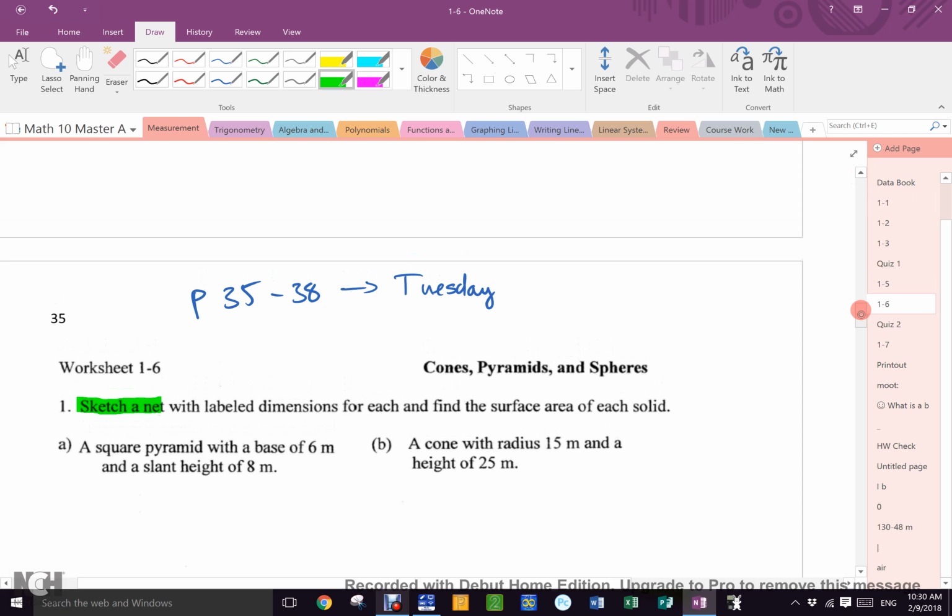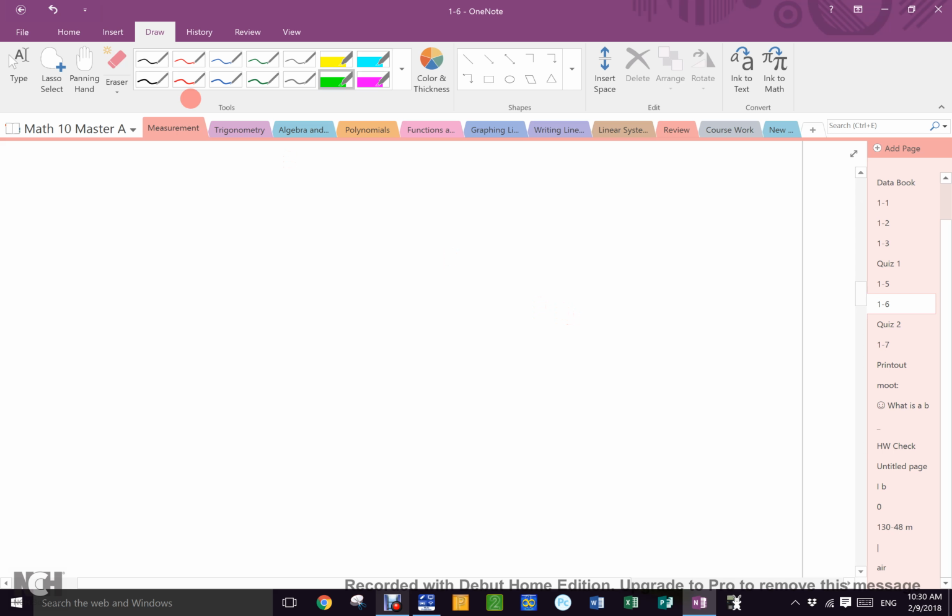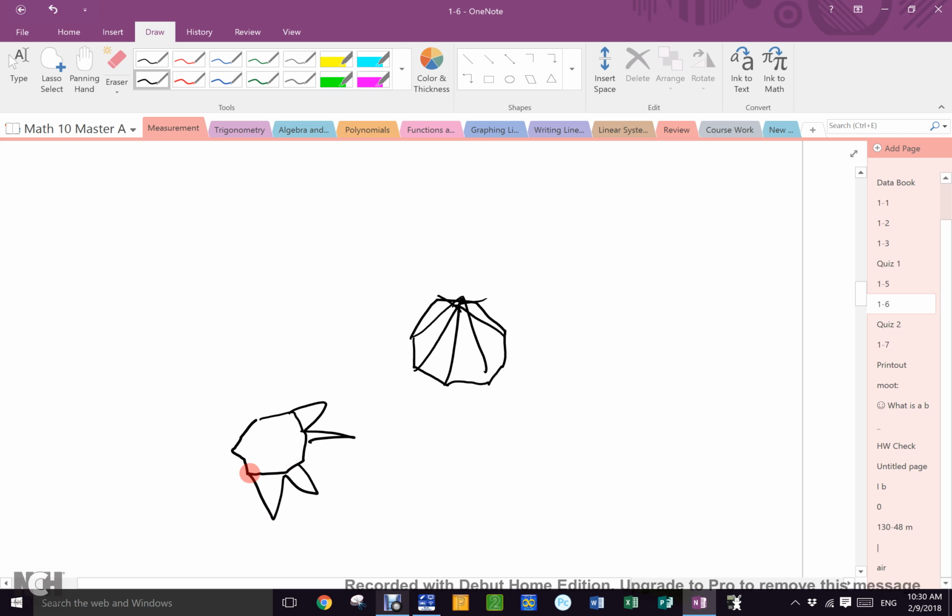If I had this shape, an octagonal pyramid, what makes that? There's an octagon on the bottom and 8 triangles. That's what I mean by a net.